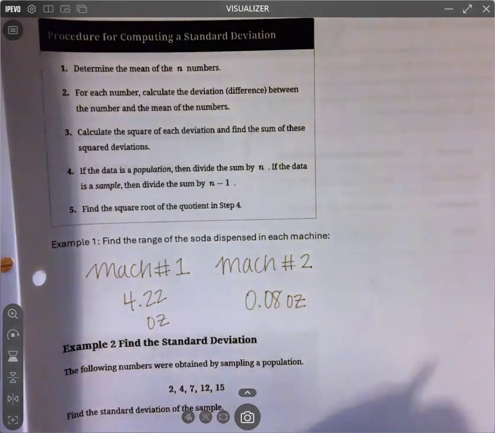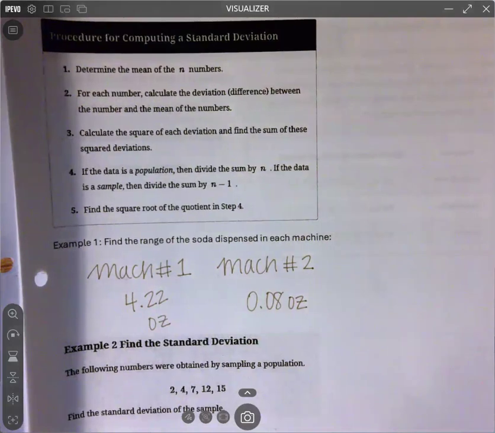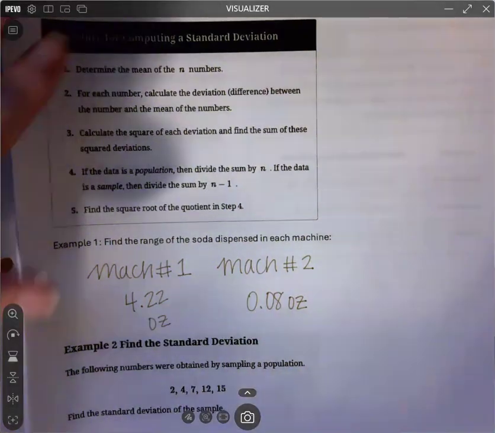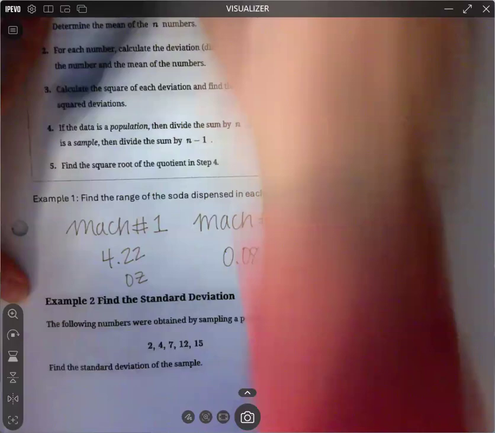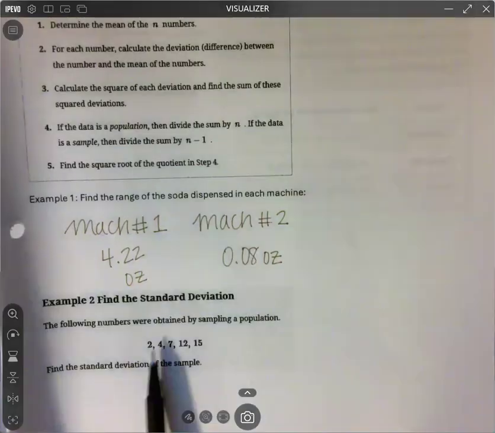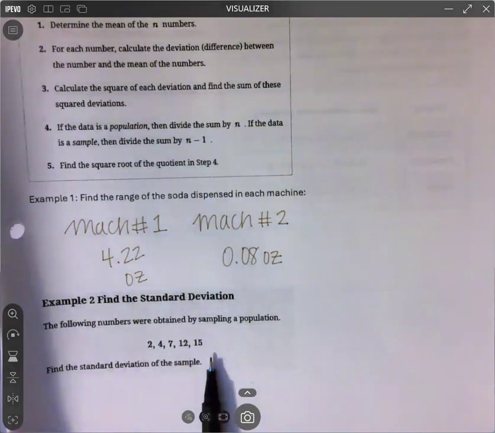Now we're going to use a smaller set of numbers just to give us less steps. So we're going to use the set of numbers that are here. I'm going to fix this so you can see the steps and the numbers. So write these down: 2, 4, 7, 12, and 15.